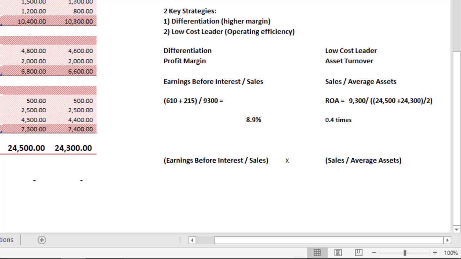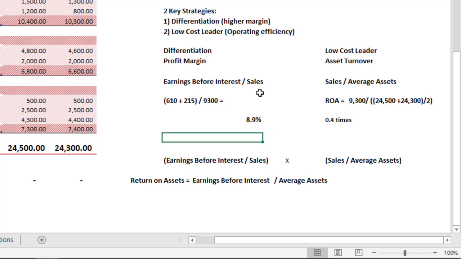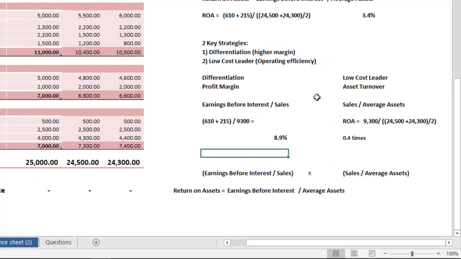And so what you're left with is the return on assets formula: earnings before interest over average assets. What this means is that these two ratios, profit margin and asset turnover, together explain the return on assets.